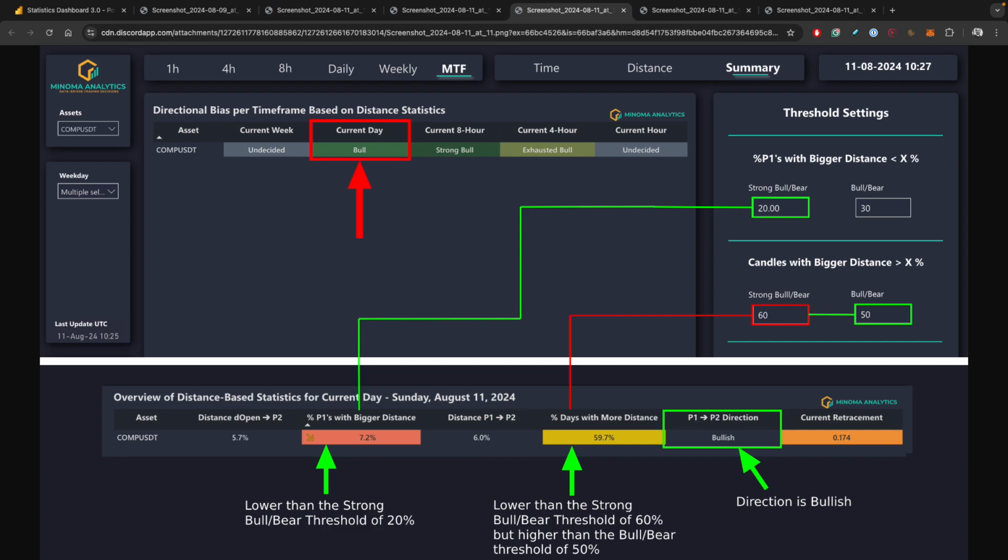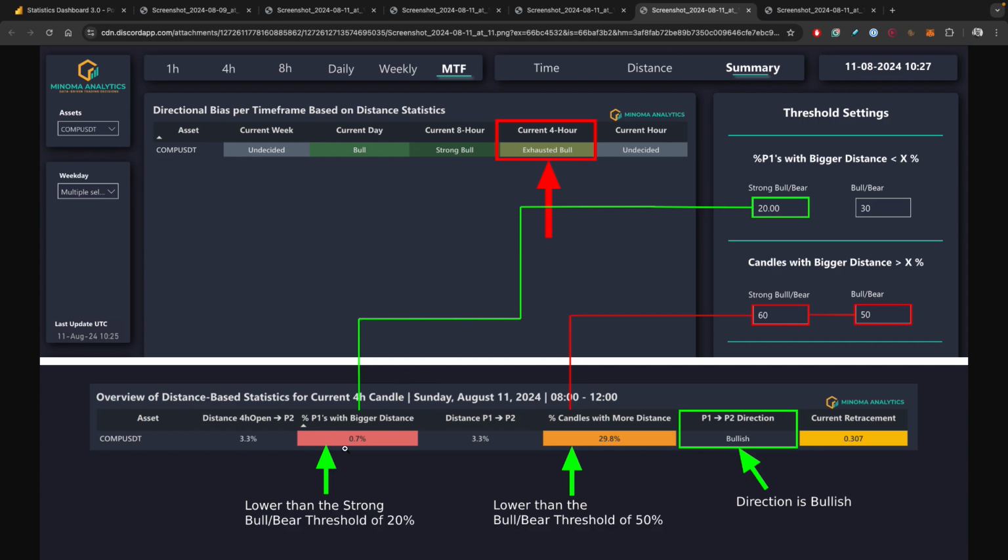Now, the next one is exhausted bull bear, which is here on the 4 hour. That's simply when the value of percent P1s with bigger distance is below this threshold, but the value of candles with bigger distance is also below this threshold. I'll show you that in this example because it will become immediately clear. So here it's 0.7%, way below the strong bull bear threshold. But the candles with more distance is 29.8%, which is below the 50% threshold we have set.